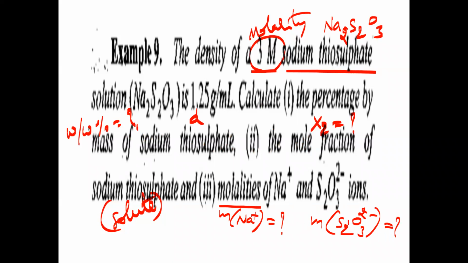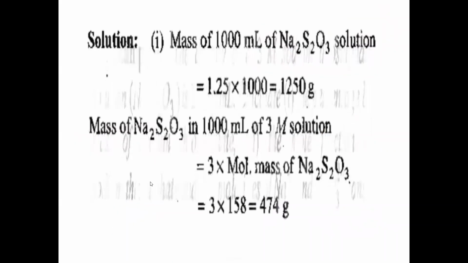Each sodium has plus 1, so plus 2 for two sodiums, and S2O3 must have minus 2. So S2O3 minus 2 is called the thiosulfate ion. They asked the molality of Na plus and of thiosulfate in the solution, and also the mole fraction of the solute.